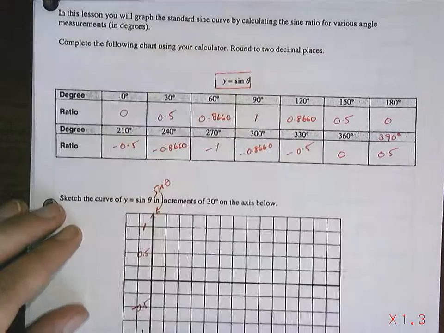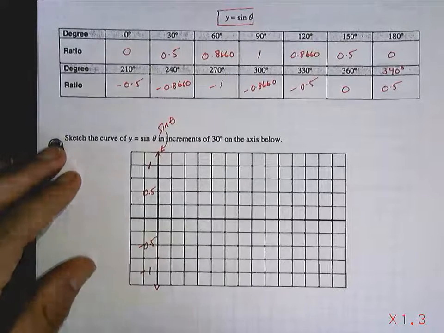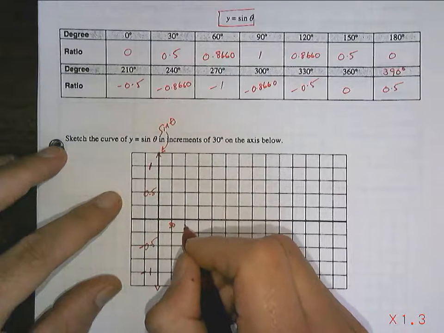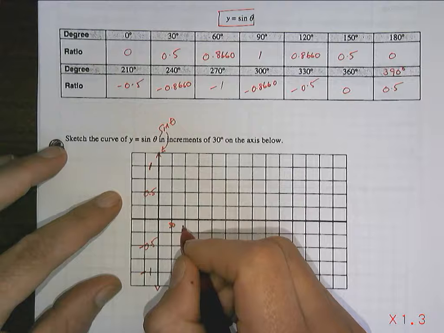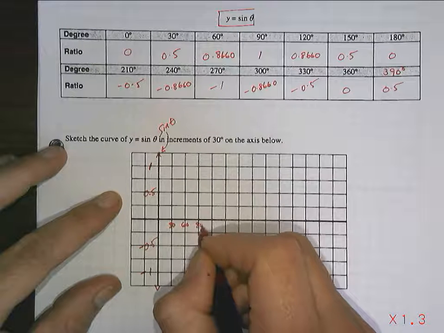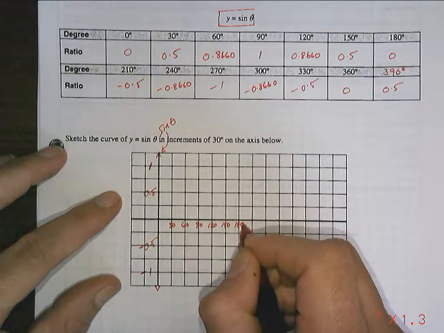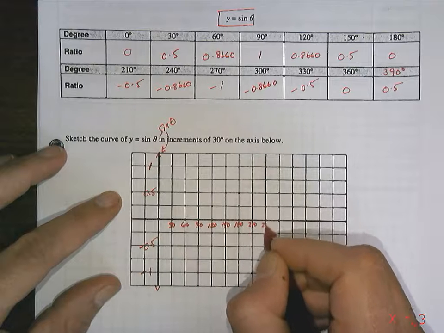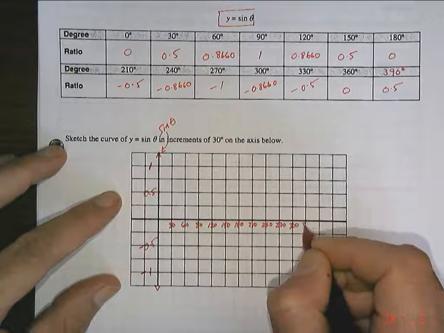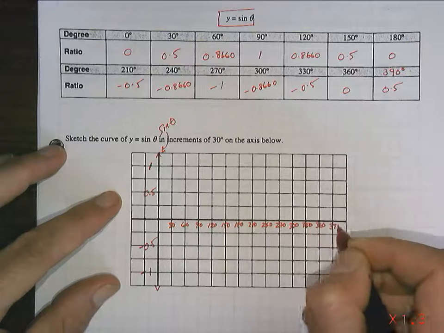Your horizontal axis: 30 degrees, 60, 90, 120, 150, 180, 210, 240, 270, 300, 330, 360, 390.